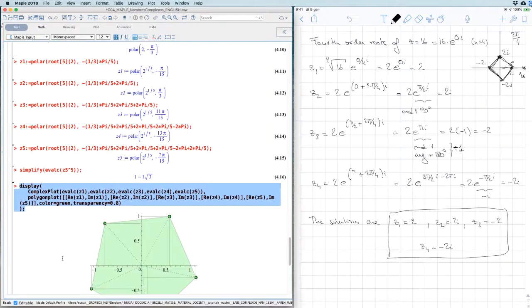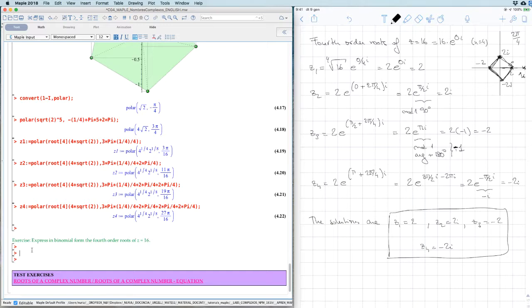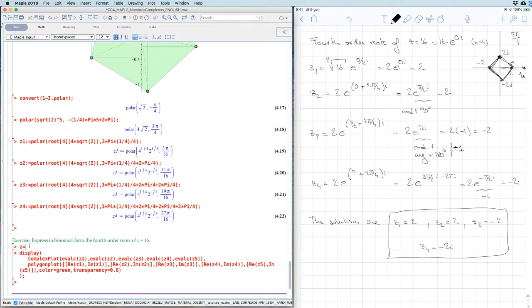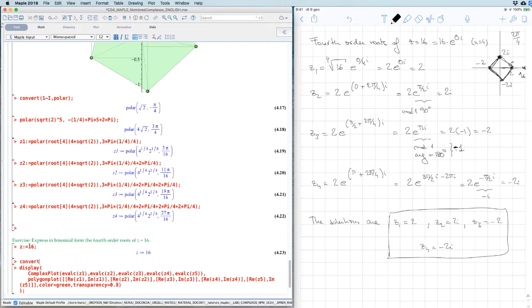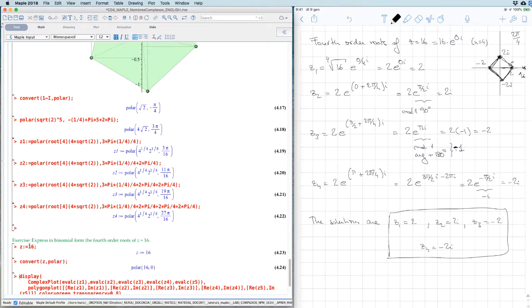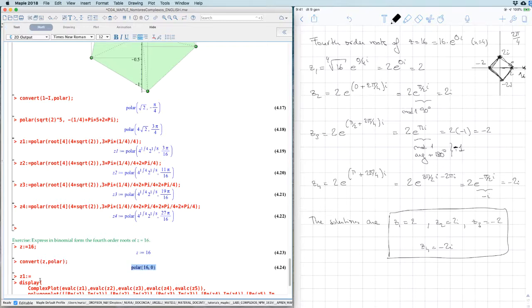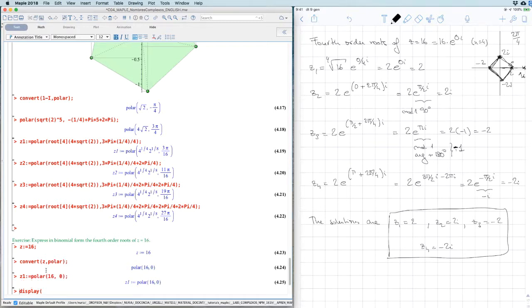Okay. So what I'm going to do is I take z equal to 16. I convert it to polar, so you can see that we get the result that we got, modulus 16, argument 0. Now we take the first root, so I take this polar form, and the first root is going to be the fourth root of the modulus and the argument divided by 4.